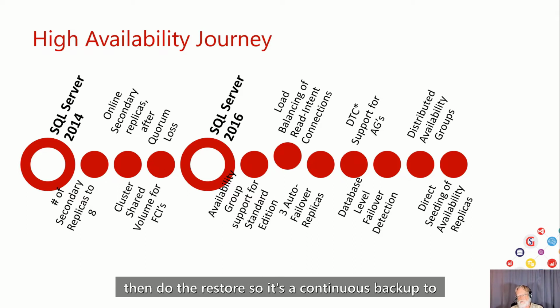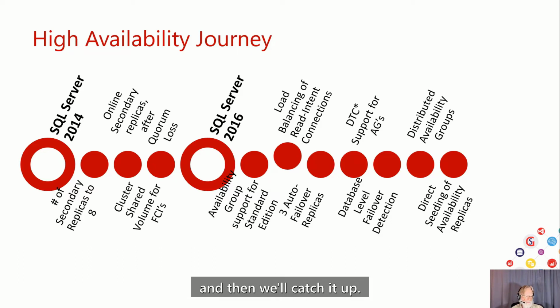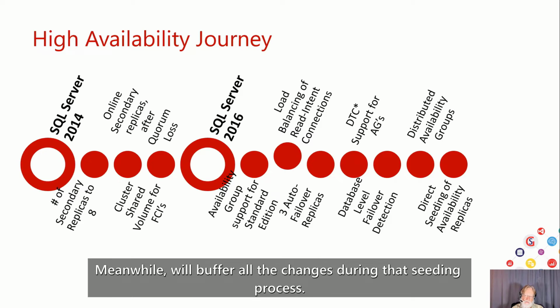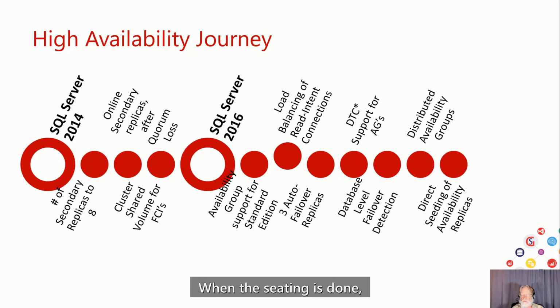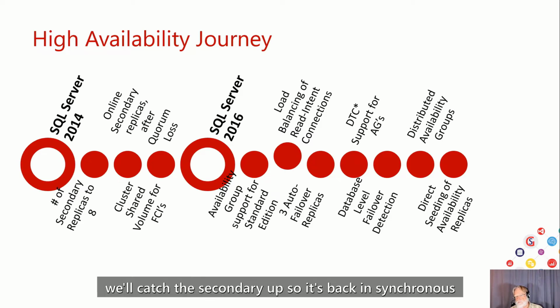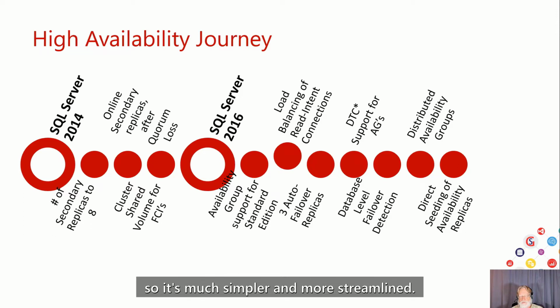So it's a continuous backup, piping backup directly into a restore process, and then we'll catch it up. Meanwhile, we'll buffer all the changes during that seeding process. When the seeding is done, we'll catch the secondary up so it's back in synchronous mode, and then it comes online as a valid secondary. So it's much simpler and more streamlined process for bringing a database online on a secondary.